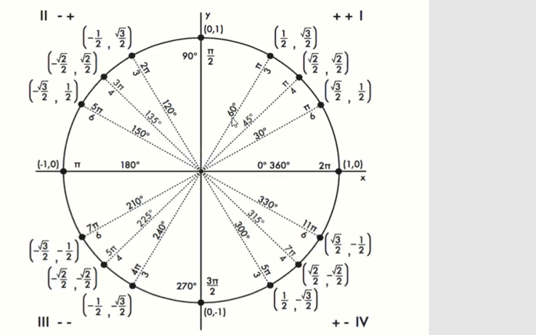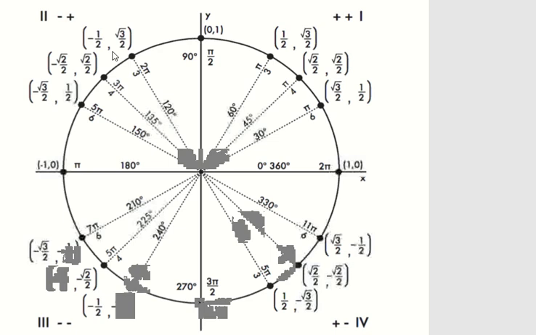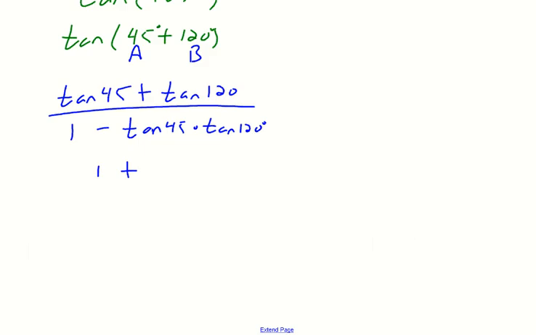And that's going to be root 3 over 2 divided by negative 1 over 2. Maybe you've done that one enough times that you know the 2's end up canceling, and you just end up with root 3. But since I'm dividing by a negative, it's going to be negative root 3. So this is going to be negative root 3 over 1 minus tan 45 is 1, and then tan 120 was negative root 3.